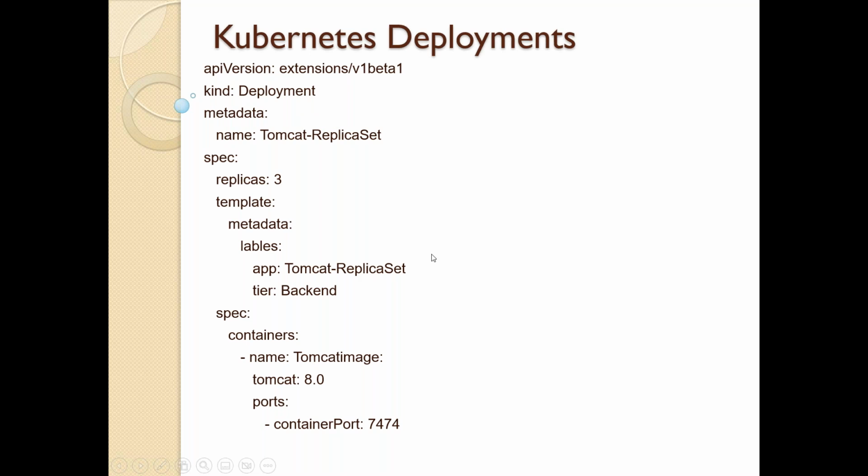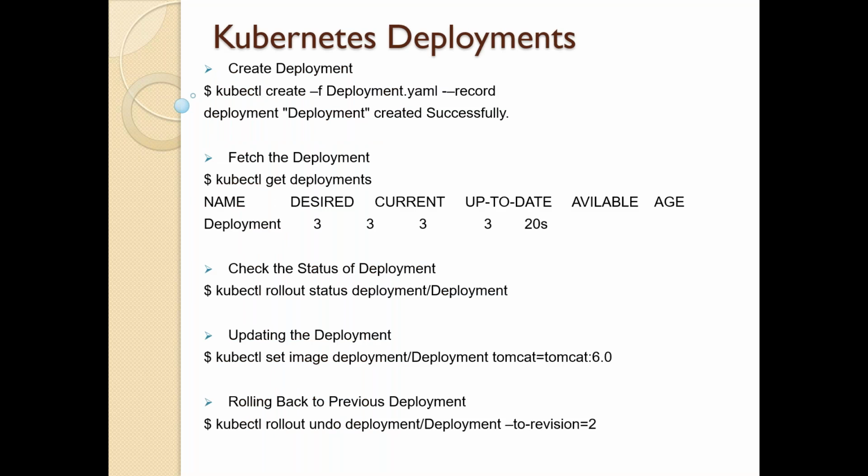So you can have deployments, deploy them, create your cluster and start testing this. You can also create a deployment and get your deployment. You can check the status of your deployment, and you can also set the image from Tomcat to Tomcat 6.0, so it will automatically start updating. So you can do all these things. Okay.